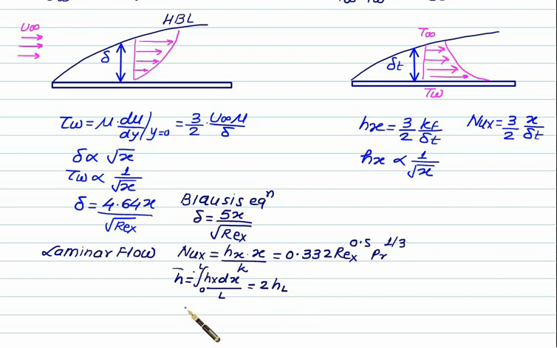Therefore, the average Nusselt number over the length L is 2 times this number, which is equal to 0.664 Reynolds number to the power 0.5 Prandtl number to the power 1/3. This equation is only valid for laminar flow.